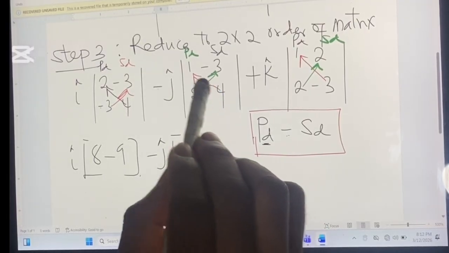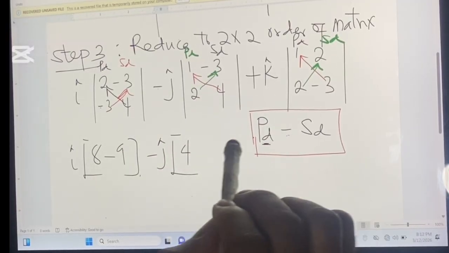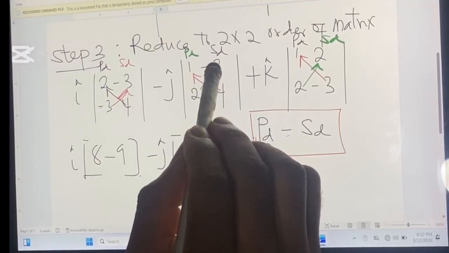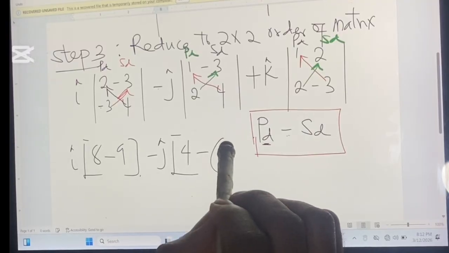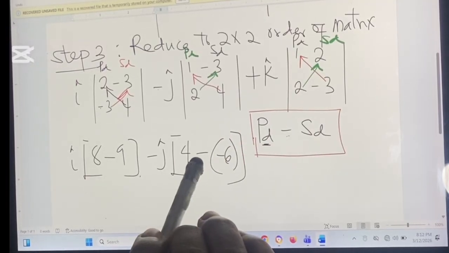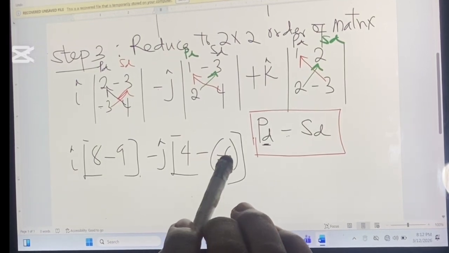Now let's get this. 4 times 1 will give us 4 to get the primary. So minus, the minus is from the formula. The secondary will be 2 times minus 3, which is minus 6. So I will have bracket open minus 6. Please take note, to separate the minus from the formula from the minus 6.